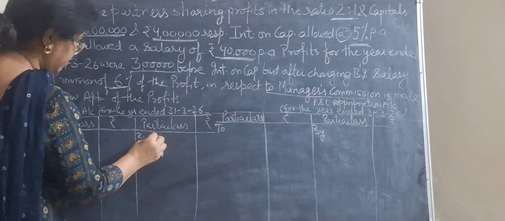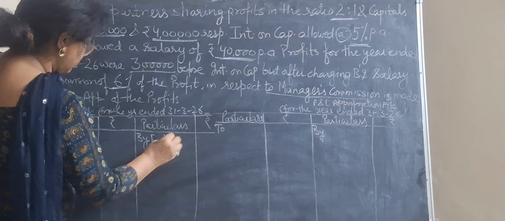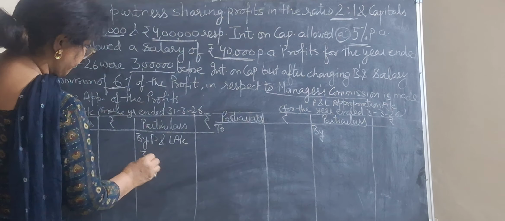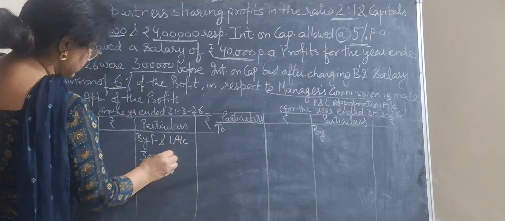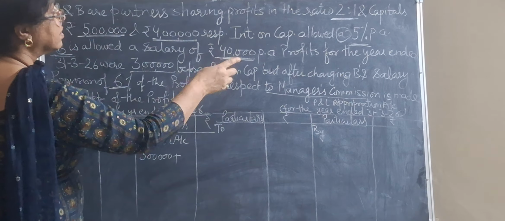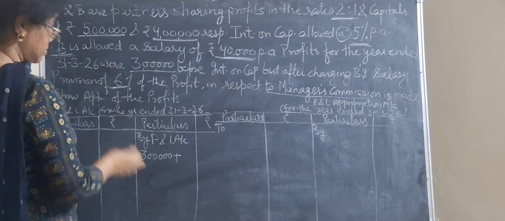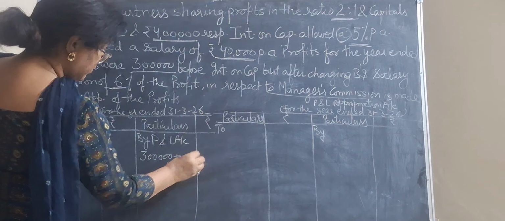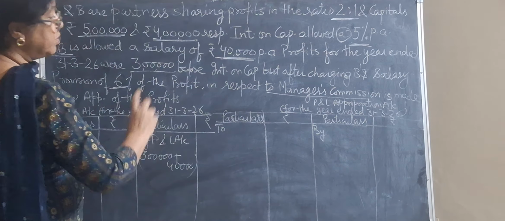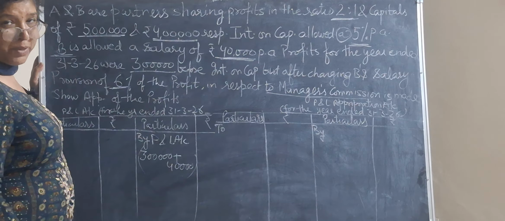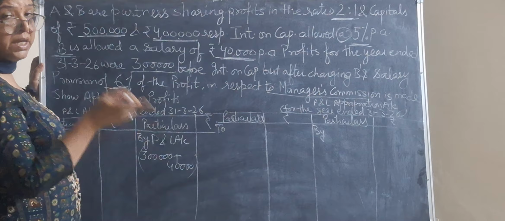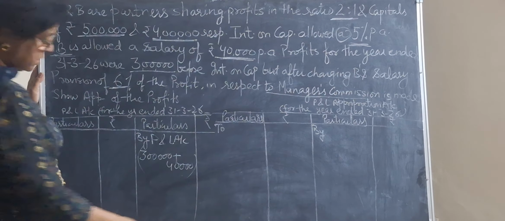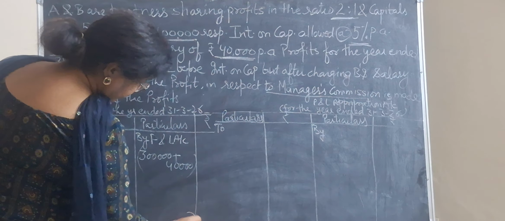So here we'll write by profit and loss account. 3 lakh was the profit, but B's salary was charged, so we have to add that back, because the profit shown in the P&L appropriation account is before charging any appropriation.